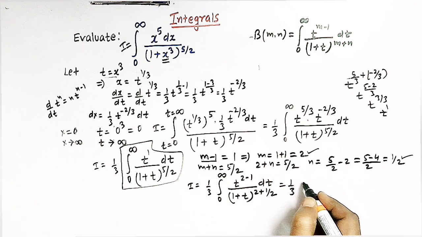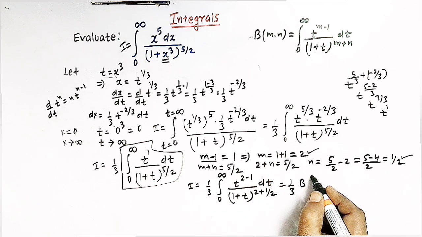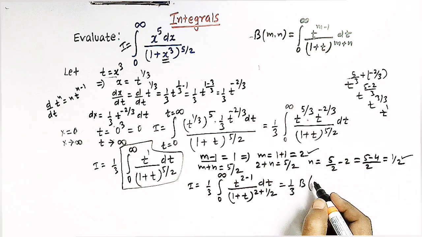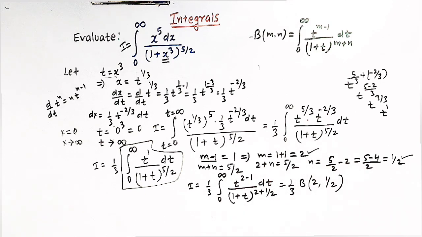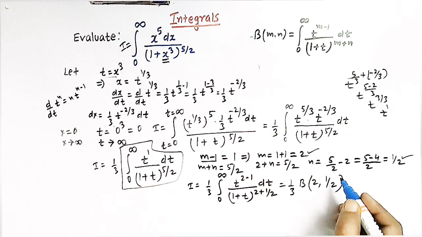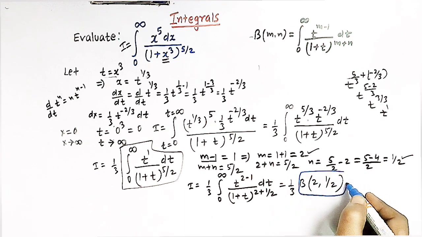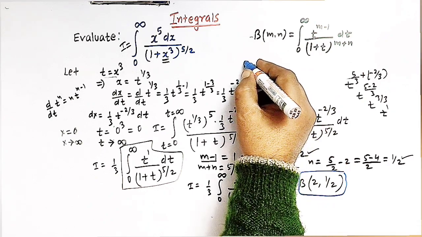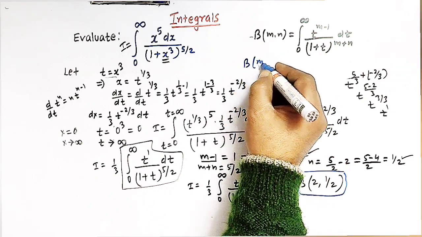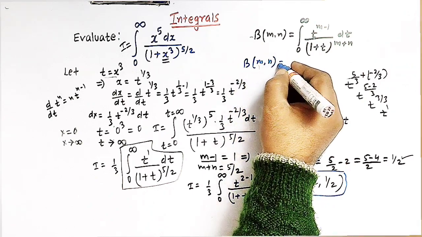So we have 1 over 3 times the beta function m comma n. M is 2 and n is half. So let us now calculate the value of this beta function with the help of this important relation between beta function and gamma function.